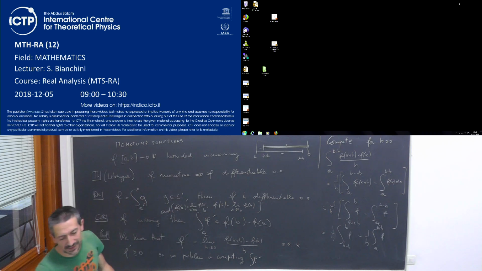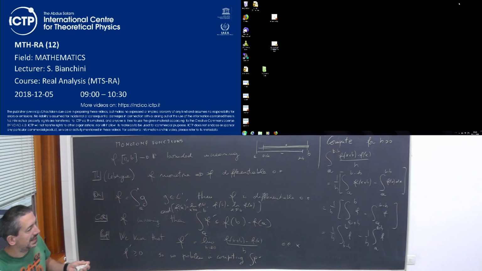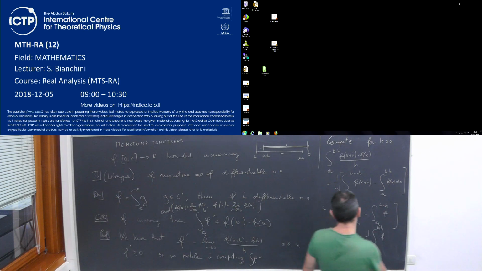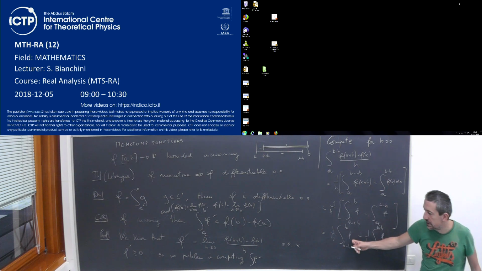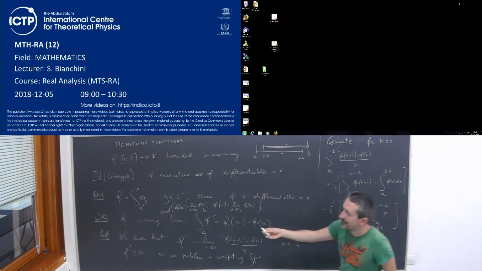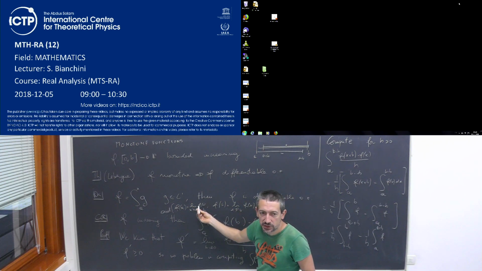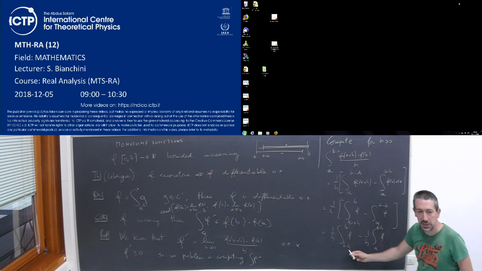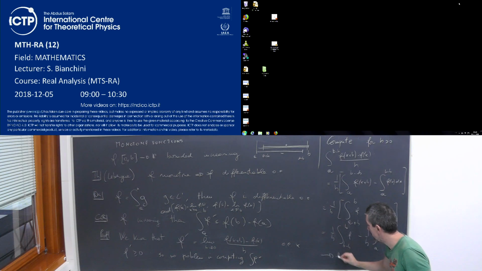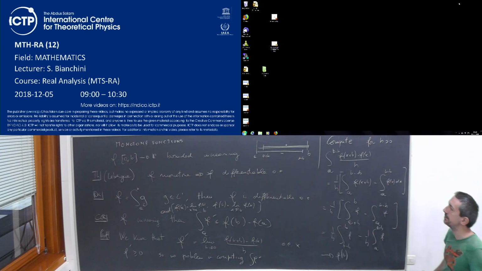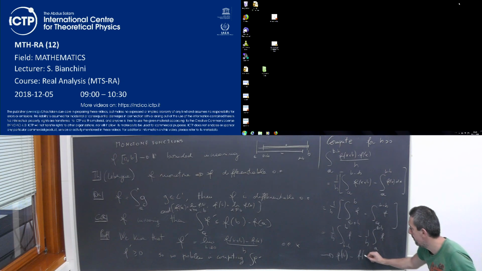Otherwise, these are the values at the ends, and you can assume they are the limit values. Okay, so what can I say now when h goes to 0? It converges to f of b, because this is f of b plus something which converges to 0, or minus something which converges to 0, times the length of the interval, which is h divided by h. So it converges to f of b. And this guy converges to f of a, for the same reason.